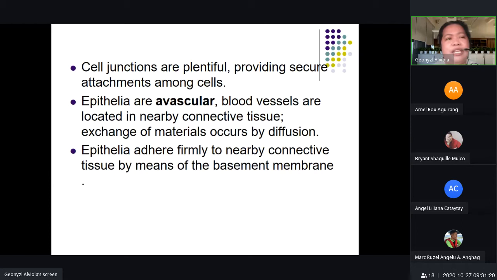The epithelial cells are fast multiplying cells that cover the other tissues and serve as protection of the organ. Our skin is made up of several layers of epithelial cells.